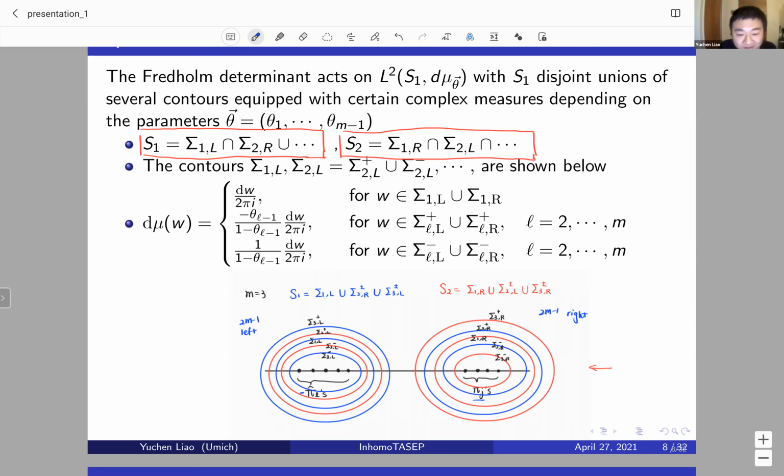On all the other contours, we put the weight negative theta over 1 minus theta on the plus contour, and the weight 1 over 1 minus theta on the negative contour. You can check that if you add these two, you get 1. So one artificially splits the plus and the minus, and this parameter is basically to encode the ordering nature of TASEP.